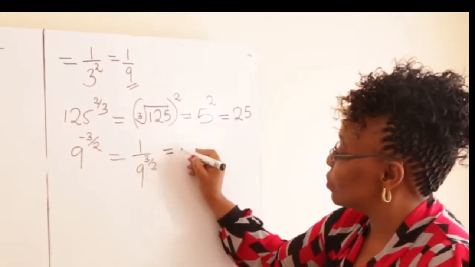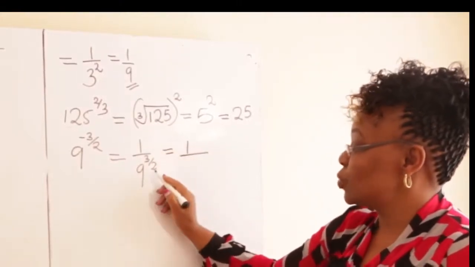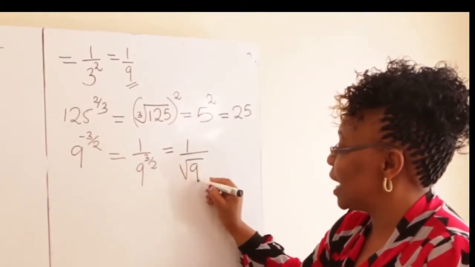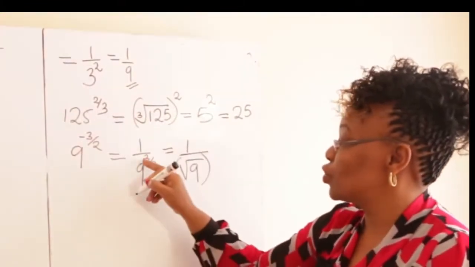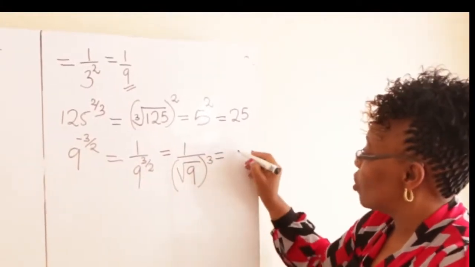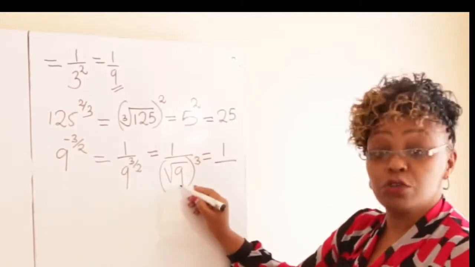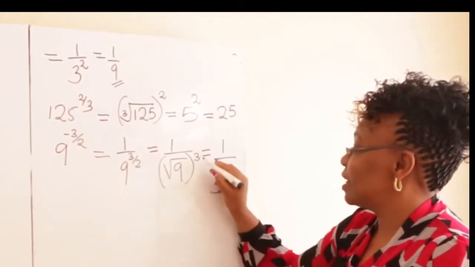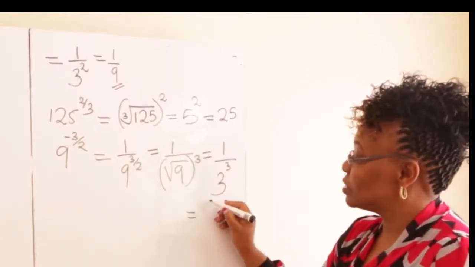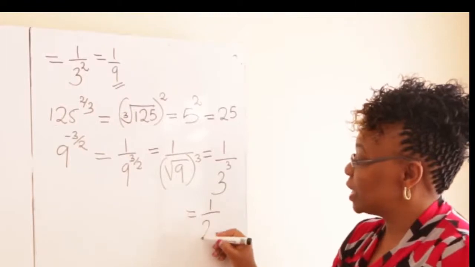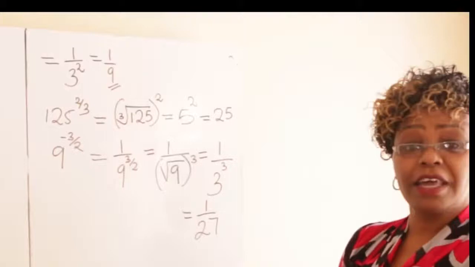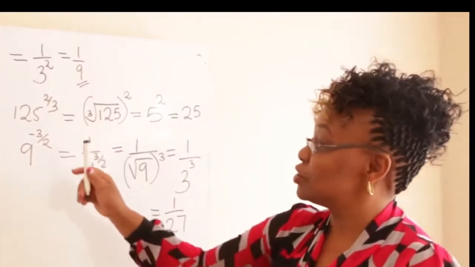This means 1 over 2 means square root of 9, and then you cube. Square root of 9 is 3, and therefore 3 raised to 3, which is 27. So this will be 1 over 27.